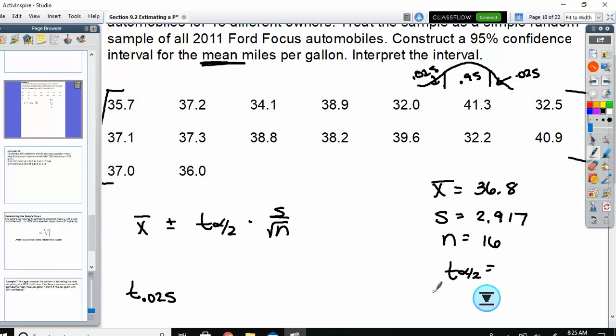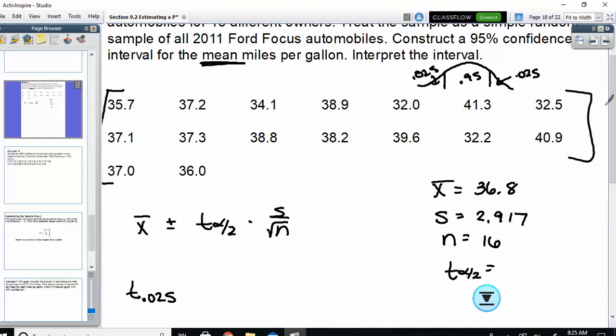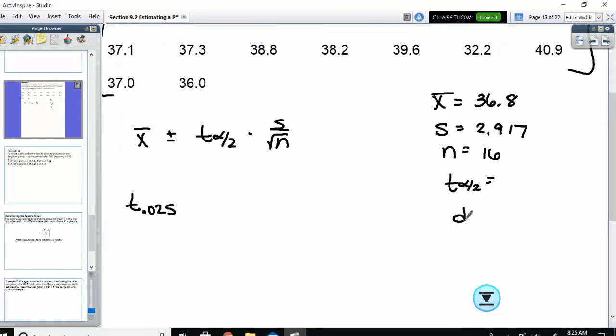How many degrees of freedom do we have? 15. Degrees of freedom is n minus 1. So 16 minus 1 is 15. So you are looking up T 0.025 at 15 degrees of freedom. So what is our T value? 2.131.